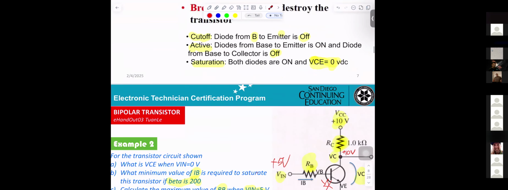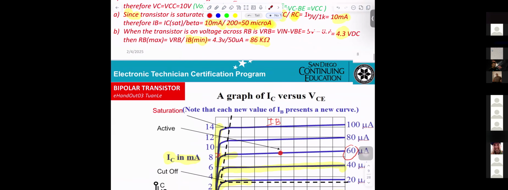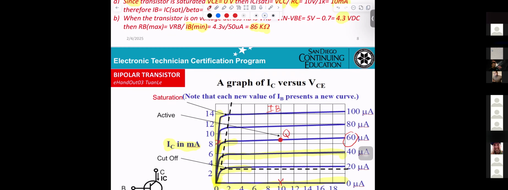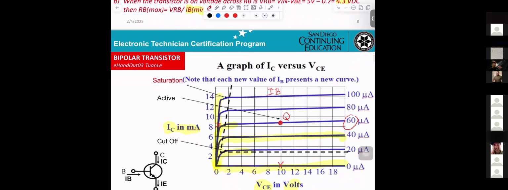So you can see in here, we pick a point we call the Q point. At the Q point, you know what the current IB is, you know the voltage VCE and also the current IC.